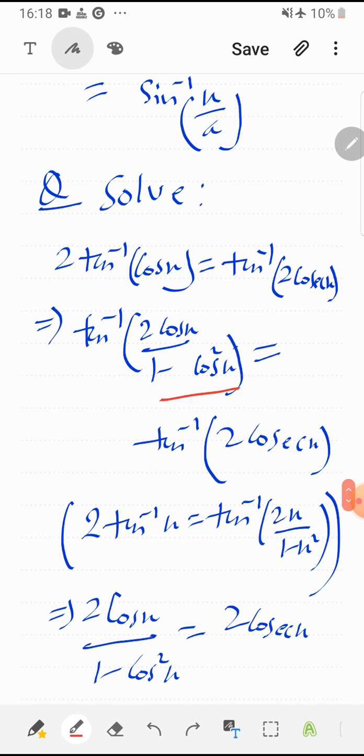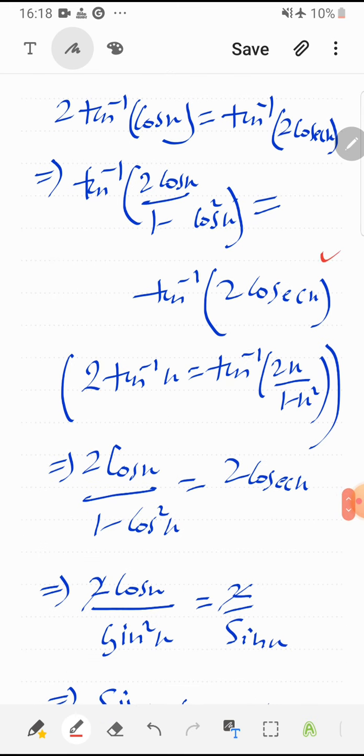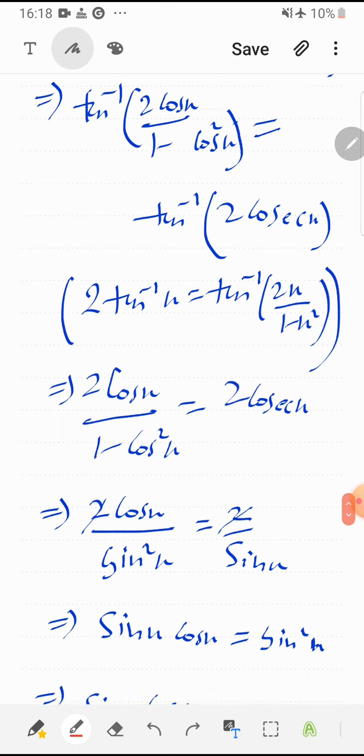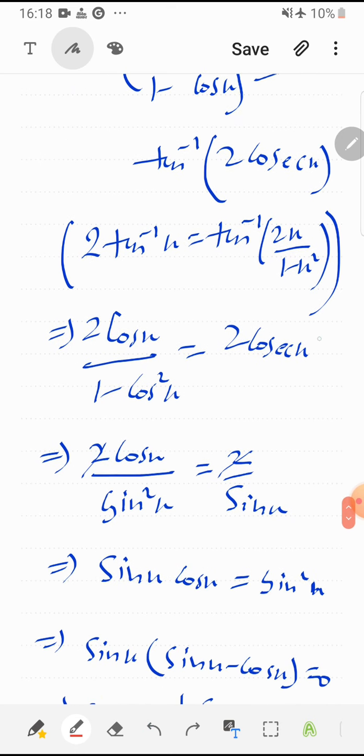Now sometimes we have to solve the question. Here remember, we have to solve, which means both sides can be worked on simultaneously. So for 2 tan inverse x, here cos x is playing the role of x, so applying 2 tan inverse x, the result is tan inverse of 2x upon 1 minus x square. The right hand side is as it is, and I am changing cosecant into sine.